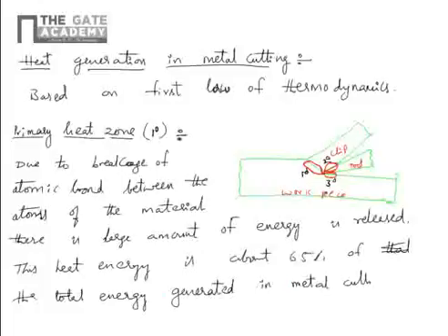So we have three zones here: primary, secondary, tertiary. Out of the three zones, in the primary zone 65% of the total heat, combining all the zones, is generated here.